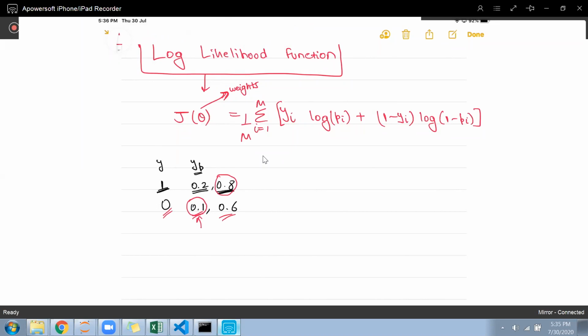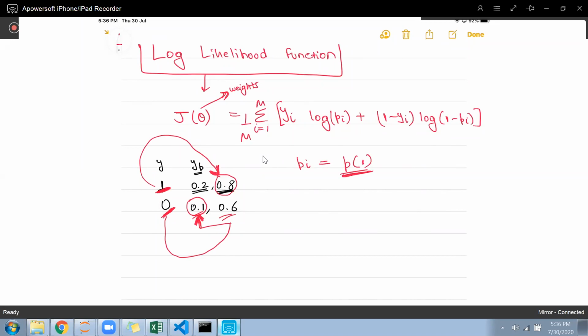So if my output is 1, then I want the probability to be as close to 1. If my actual is 0, then I want the probability as close to 0. But what I calculate using pi, generally we calculate the probability of 1: what is the probability of this y to be 1?